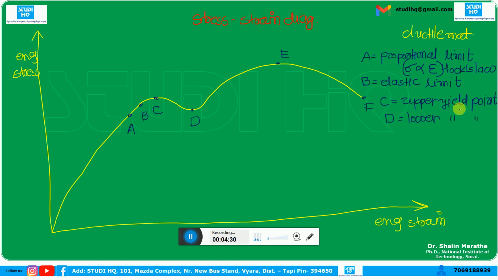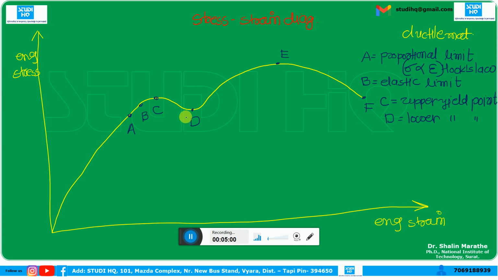Okay, the permanent deformation of material starts after B. So yielding you can consider as the permanent deformation. Now we have two yield points, point C and point D. The upper yield point is unstable in nature, while point D, the lower yield point, is quite stable in comparison to C.